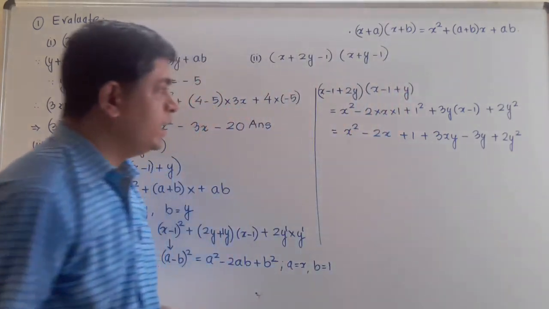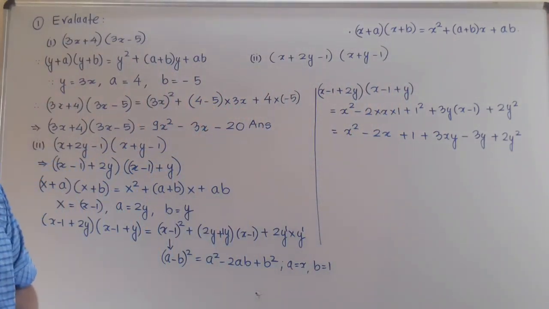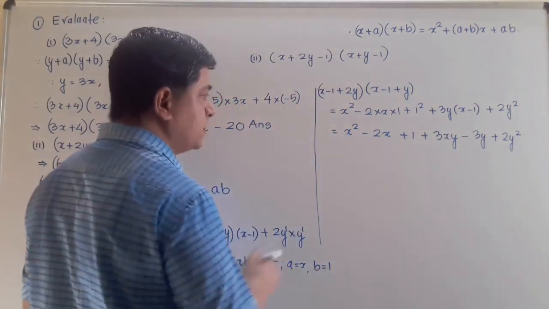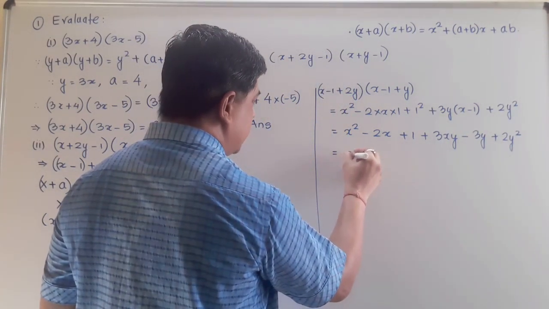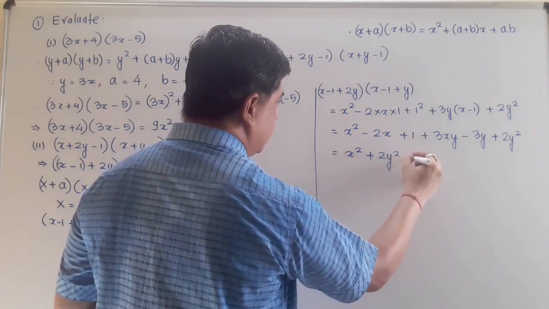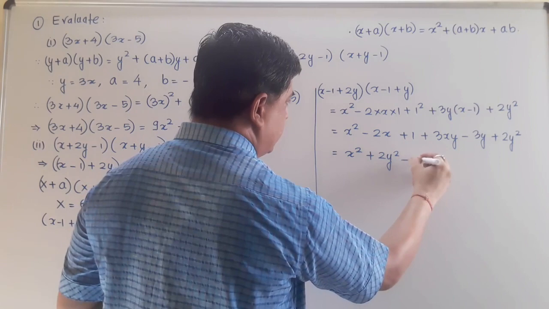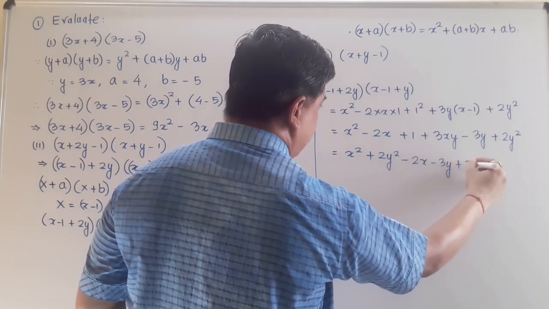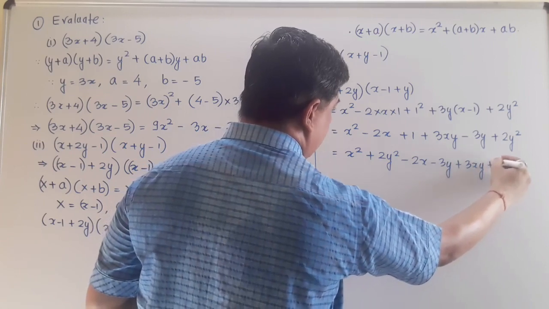Okay, now you can arrange the terms in some meaningful order. For example, the term having power 2, I will take first. So that will be x square plus 2y square minus 2x minus 3y plus 3xy and then plus 1.